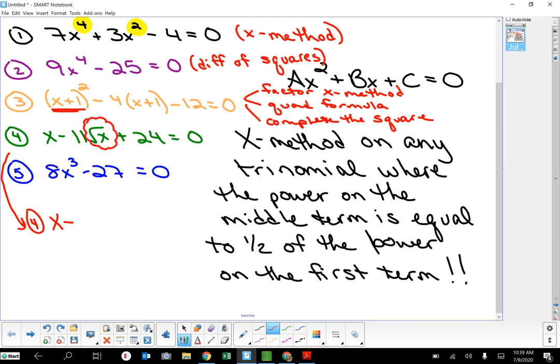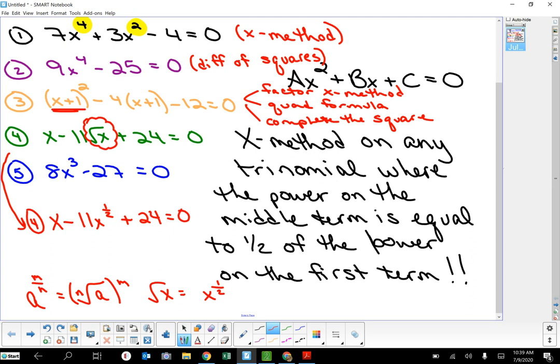If you remember the rule that a to the m over n is equal to the nth root of a to the m power, then the square root of x is x to the 1/2, since there's no power on the x, so m is 1, and it's a square root, so n is 2. So this would actually be 11x to the 1/2 plus 24 equals 0.